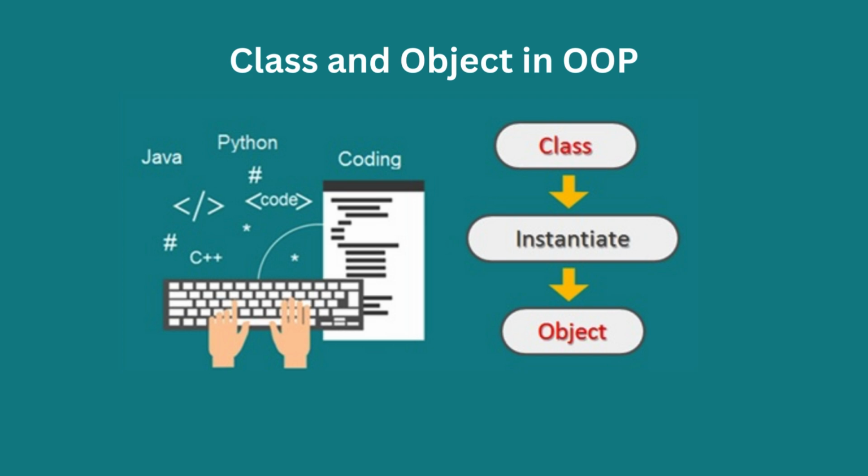It defines a set of attributes and methods that the object will possess. Attributes represent the data or the state of the object, while methods define the behaviors or functions that the object can perform. Objects are instances of classes, embodying the properties and functionalities described by the class.